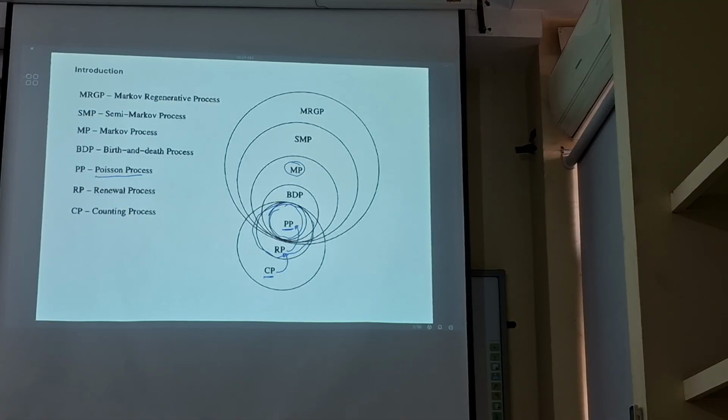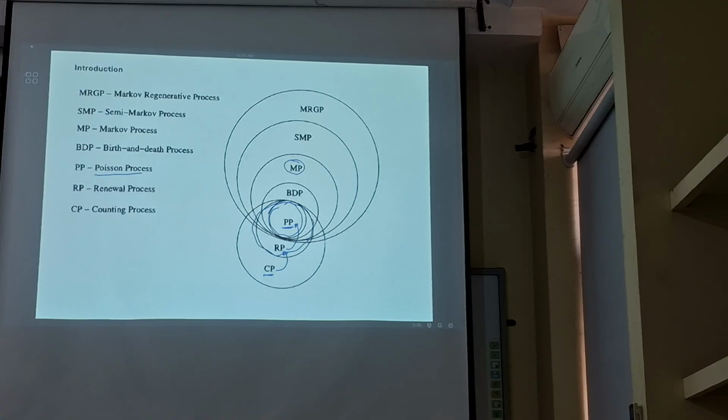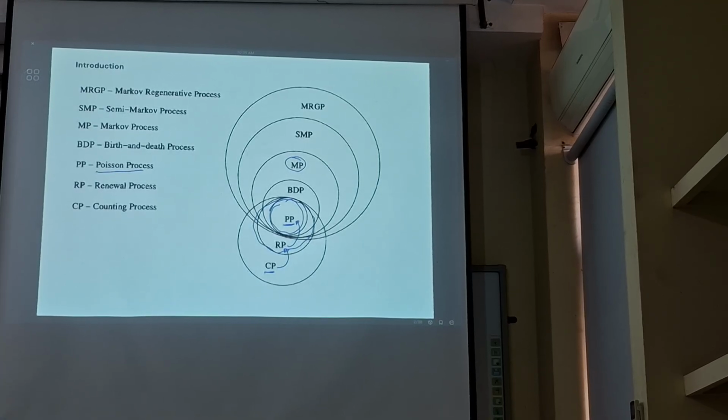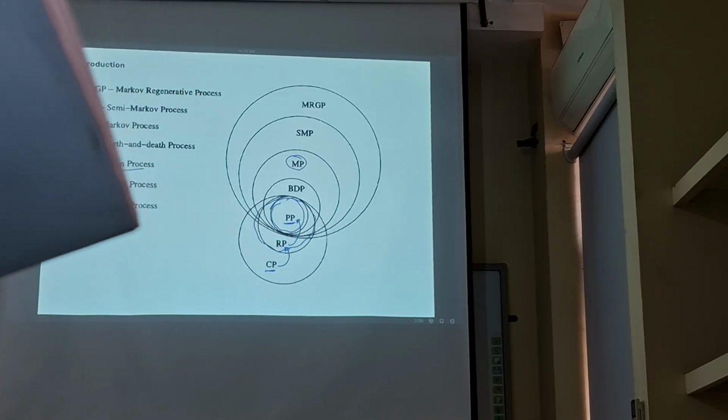This is clear? We started with counting process, which we defined as something that counts the number of events by some time t. And then we directly moved on to the Poisson process.